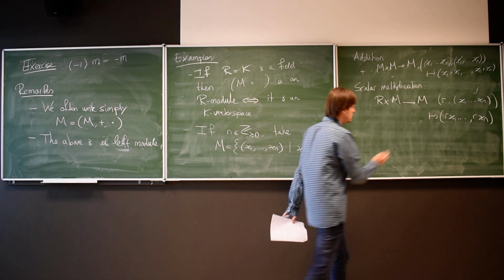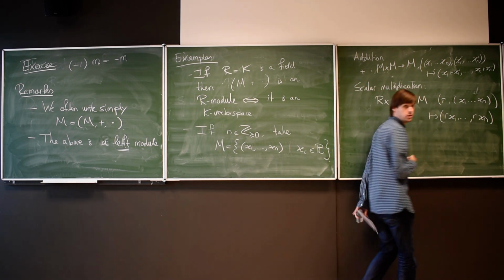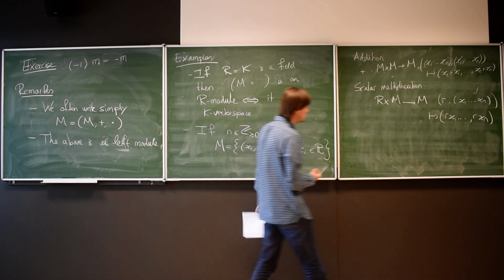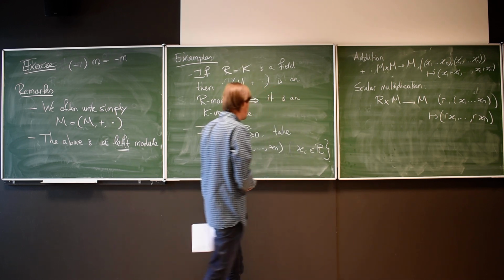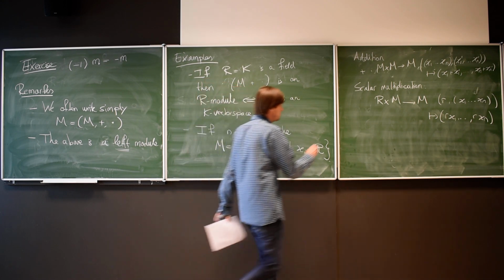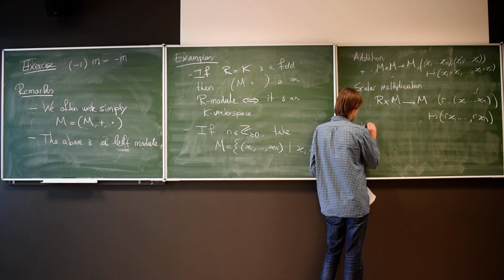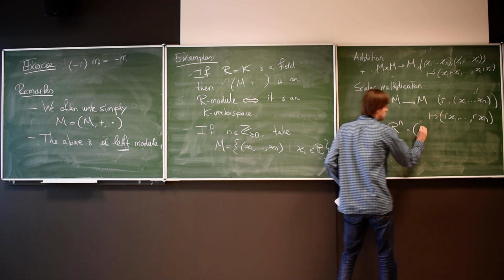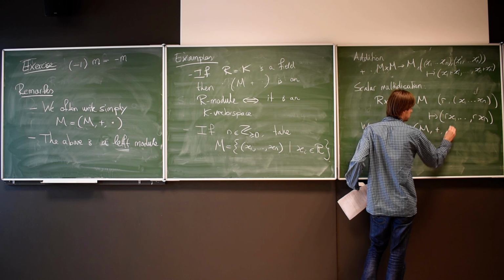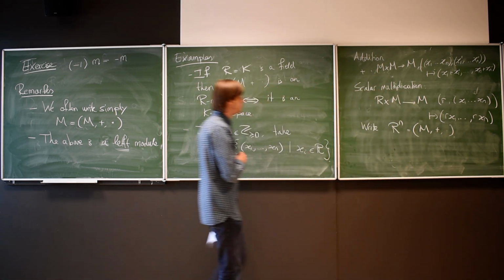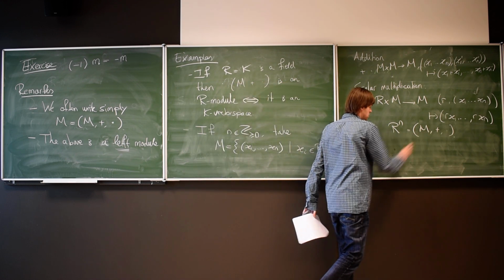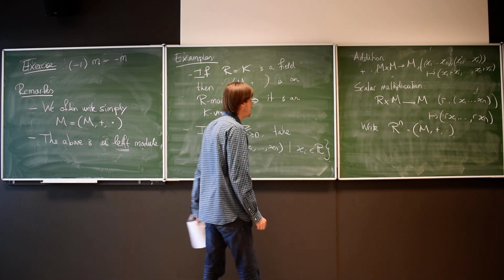Or I should just say, here the product I take is just a product in R, right? Because R is a ring, so I can multiply. So this is the module. So we write R to the n for this thing, when we want to view R to the n as a module in this way.